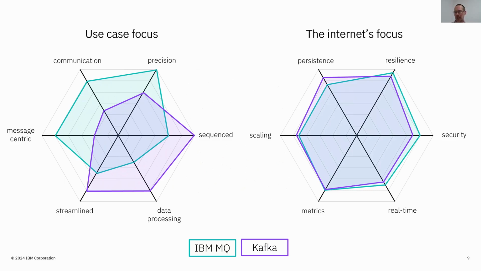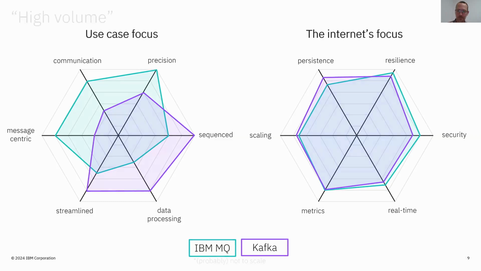On metrics, MQ and Kafka have about the same level of metrics. Basically, if we go around this list of comparisons that the internet was focusing on, in reality, while there are slight differences, it's much of a muchness. So actually, we don't really want to be thinking about that right-hand side. We want to be thinking about the left-hand side and focusing on your use cases.